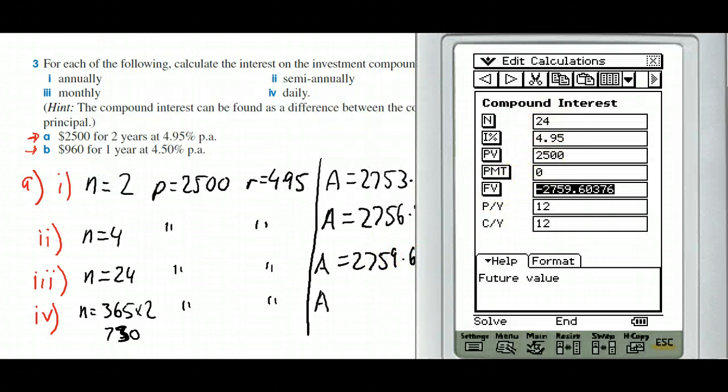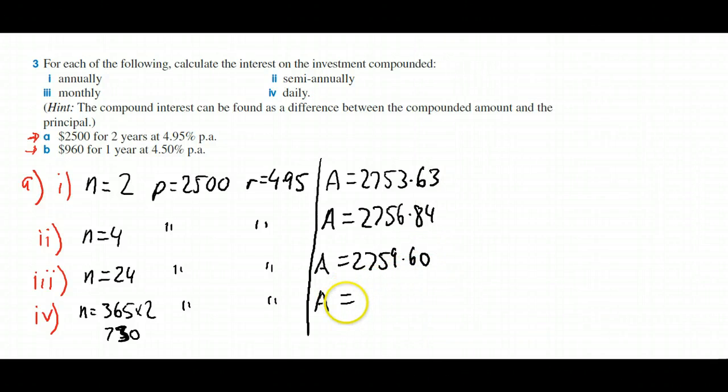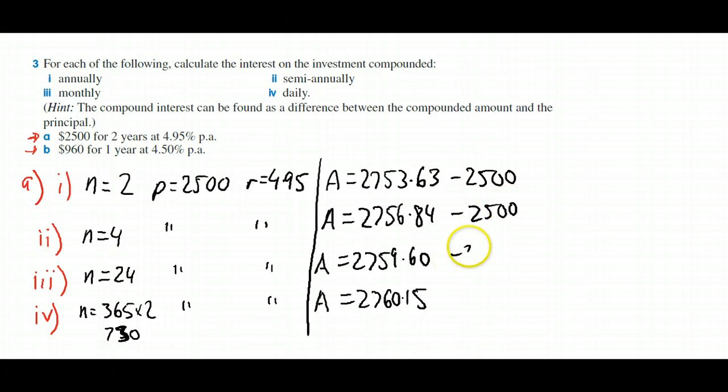And finally we've got 730 and 365, which gives us 2760.15. Okay, now in each case we need to minus 2,500 from this amount to get the amount of interest that was gained.